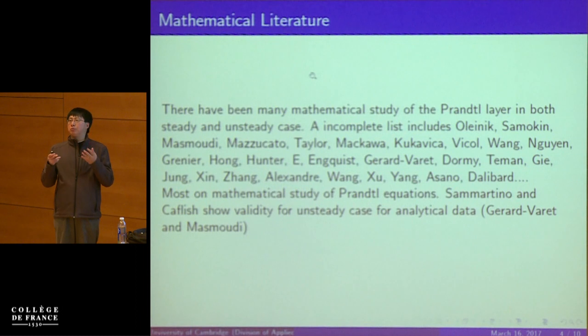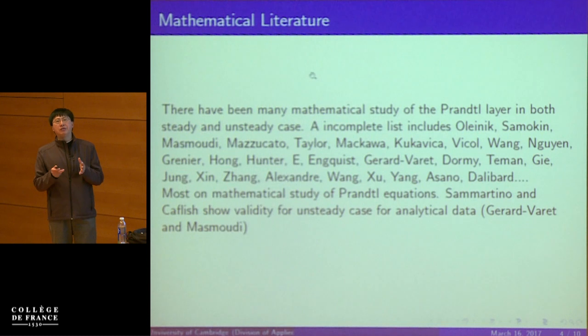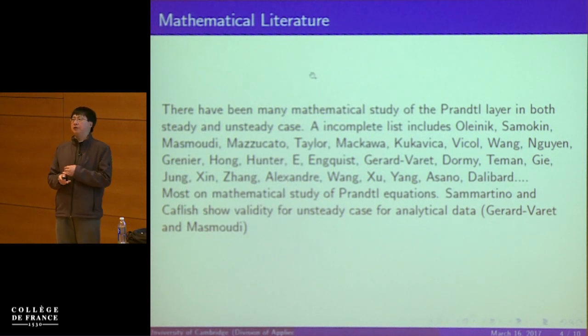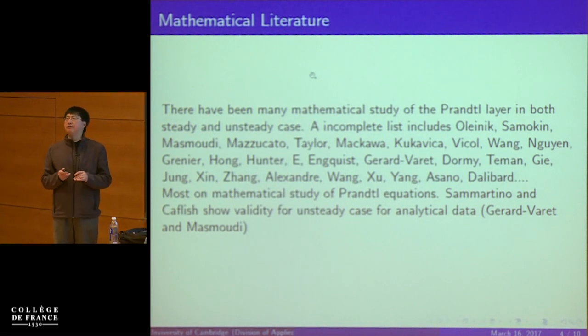We want to assume Prandtl is already solved. Our perspective is whether you can show the decomposition is correct. So for us, the Euler flow is known, and then we assume the Prandtl flow is also known. Most work is with regard to the solvability of the Prandtl equation. Only a few address the problem of validity of this expansion.